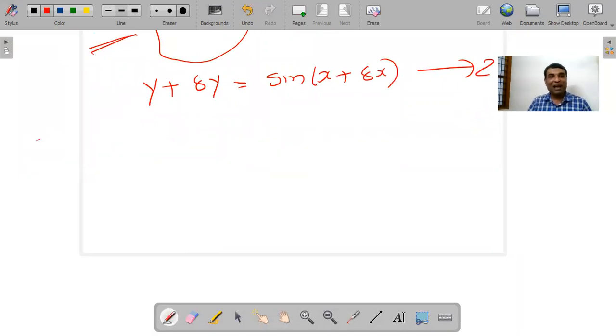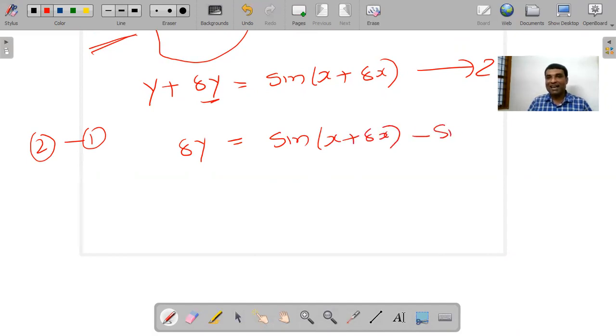Similarly, I am going to subtract 2 and 1. So 2 minus 1 will result in delta y is equal to sin of x plus delta x minus sin x. All right. Now we are dividing this by delta x. So LHS and RHS are divided by delta x.